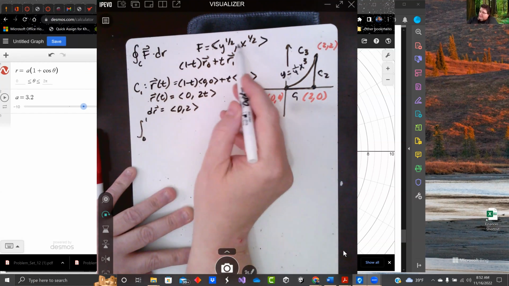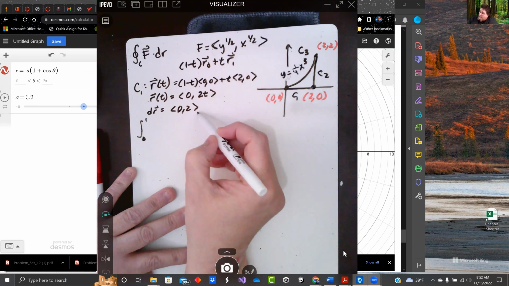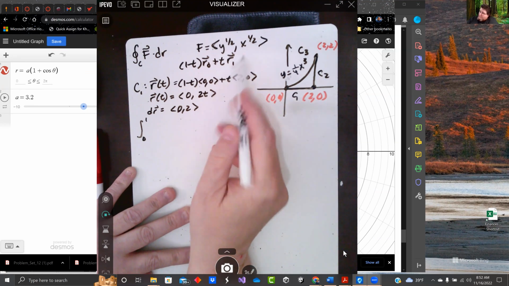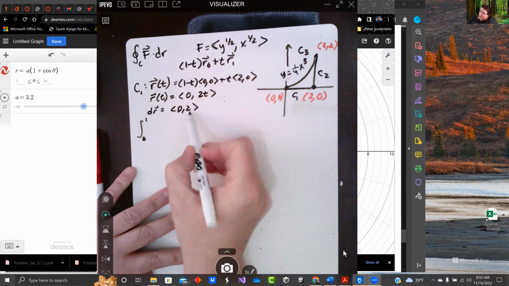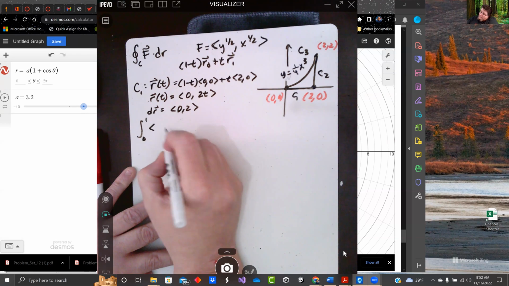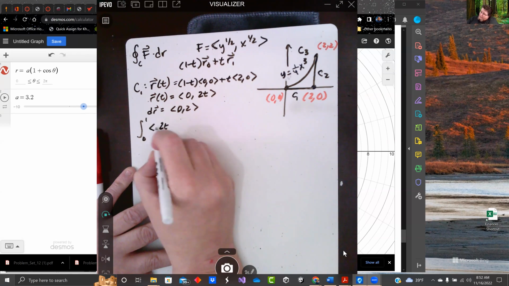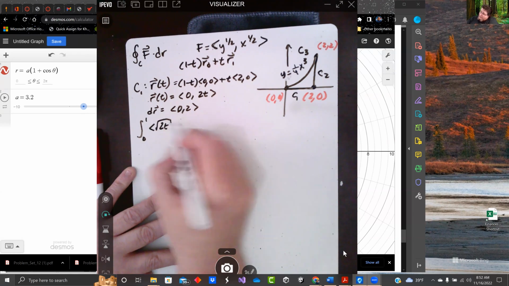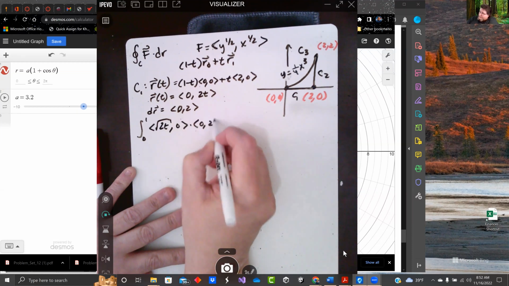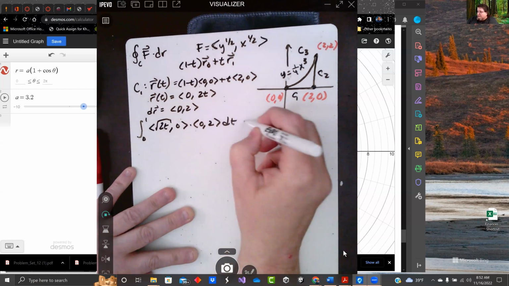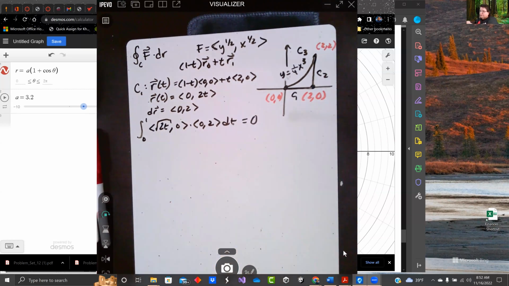We dot this with that. The x component of this is 0. The y component, so we've got 2t to the 1/2, comma 0, dotted with 0, 2 dt. This is going to be 0. So C1 is an easy one to do, because the dot product is 0.